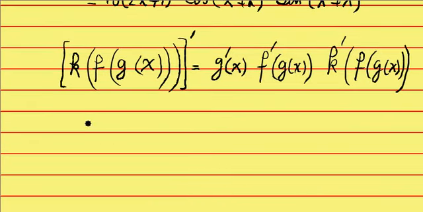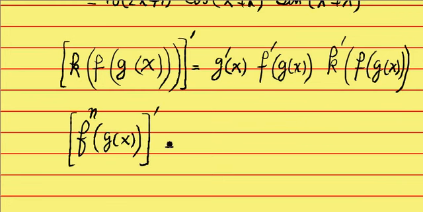Special case of this: power of some function whose input also has been replaced by some other function. How you differentiate this? This is a special case of this previous one. Instead of k, we have a specific power application.